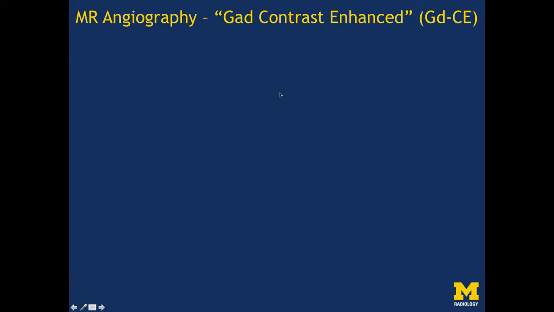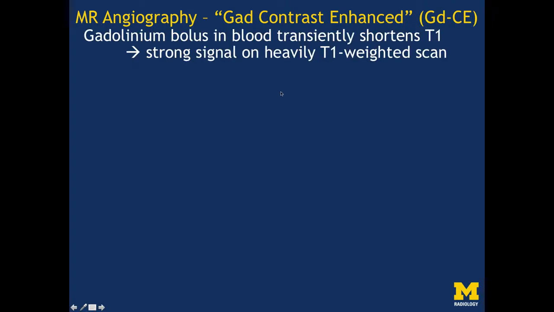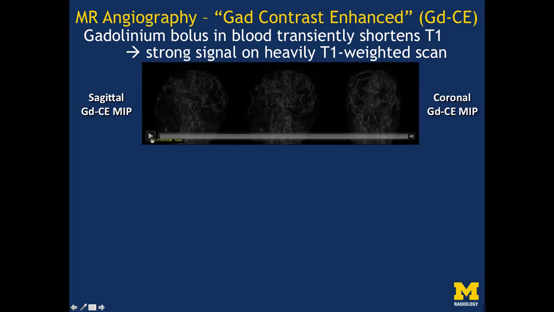Lastly, we can inject contrast again. Instead of looking for compromised blood-brain barrier where the gadolinium agent leaks out into the interstitium, here we're using the gadolinium to greatly shorten the T1 time of the blood.